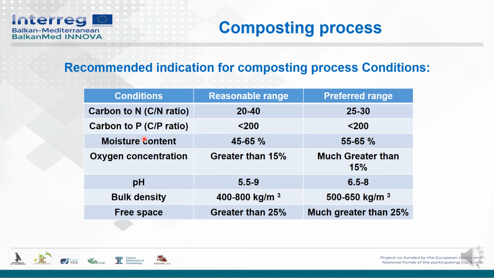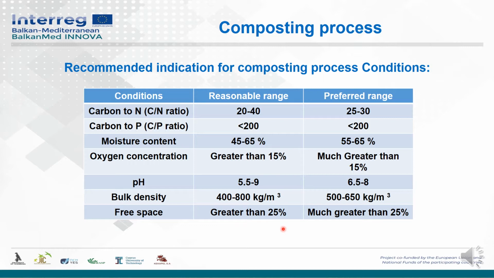The carbon to phosphate ratio has to be lower than 200. Moisture content has to be in the interval 45 to 65, but the best is between 55 and 65.